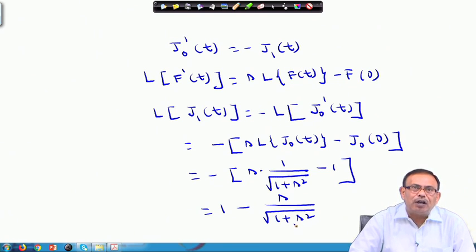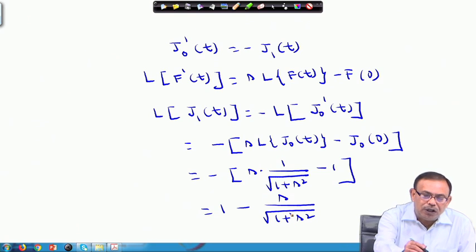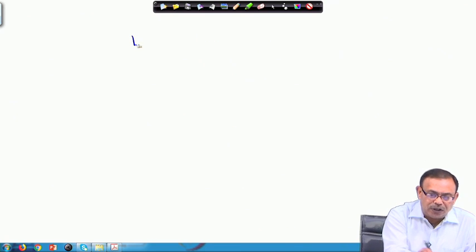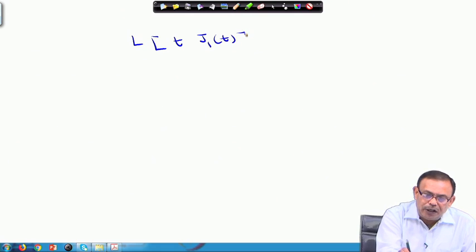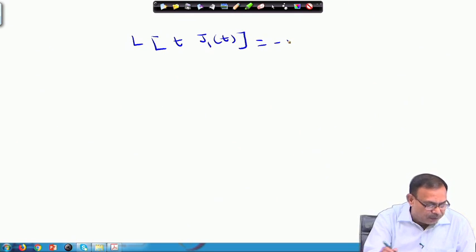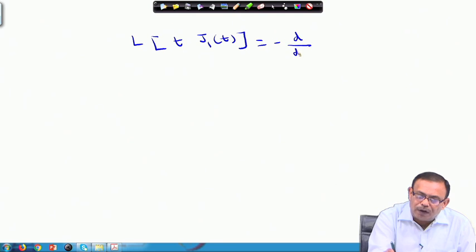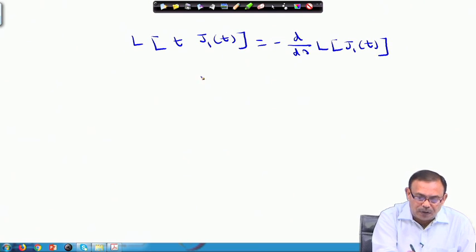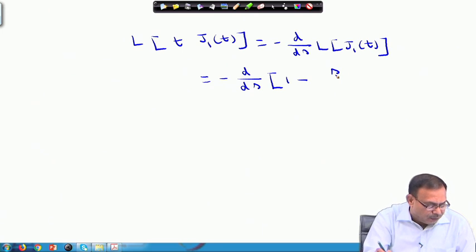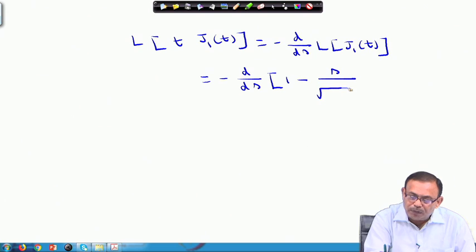Next, we have to find out the Laplace transform of t J 1 t. Again using the property of the Laplace transform, it is minus d/ds of the Laplace transform of J 1 t, and we already evaluated the Laplace transform of J 1 t. So, minus d/ds of 1 minus s by root over 1 plus s square.